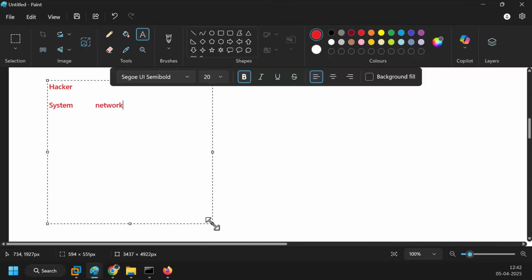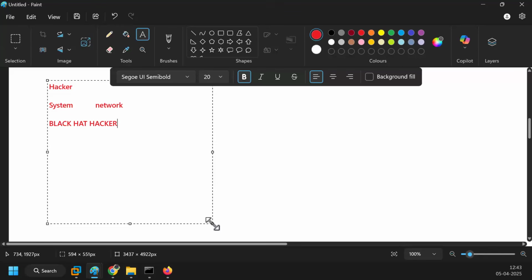Now, on the basis of the hacker, we have types. They can be good, they can be bad. Here we have the black hat hacker. Black hat hackers are the types of hackers who have malicious intentions.